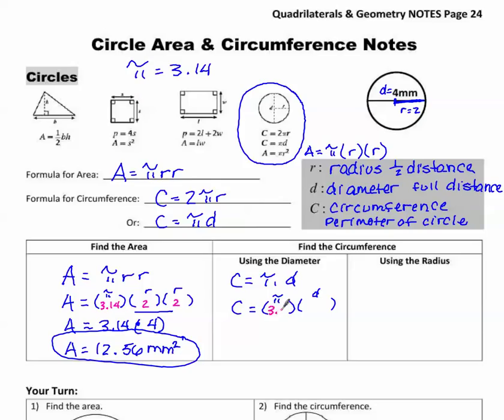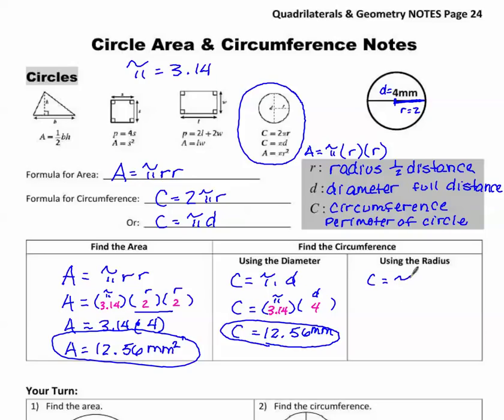Pi is 3.14, diameter is 4, and then you're just going to multiply them together. 3.14 times 4 equals 12.56 millimeters. And it's just plain, it's like perimeter. So perimeter's plain, just like circumference is plain. So just plain millimeters.